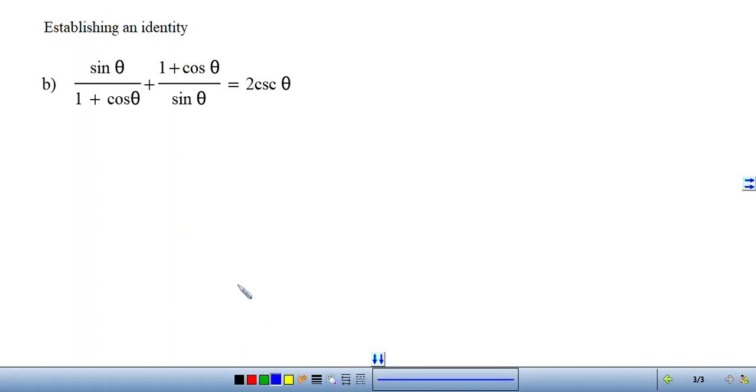Whenever you have a fraction adding to a fraction, we have the tendency to always start with adding fractions. So let's start with the left side. So on the left side we have sine theta. Alright, so again, this is my left.